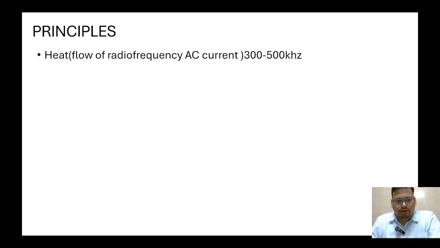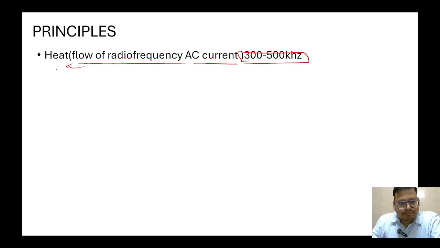Coming to the concept. When there is a flow of radio frequency AC current of 300 to 500 kilohertz frequency, then there is production of heat.